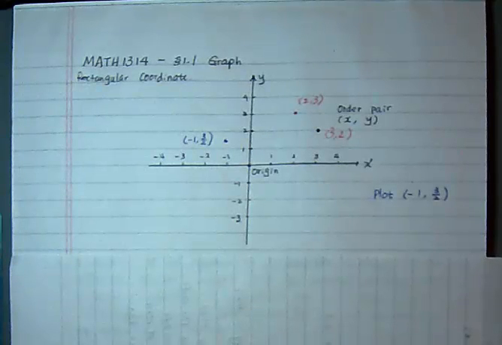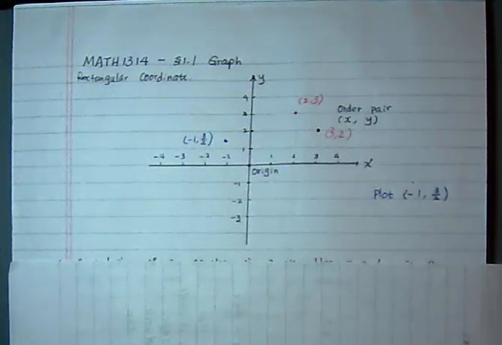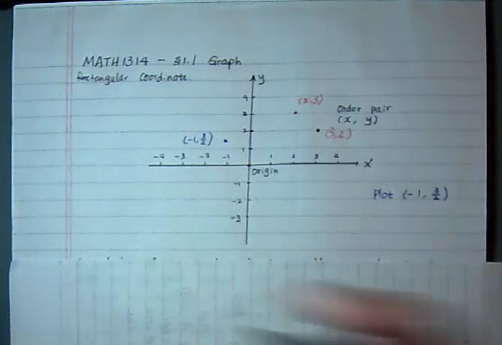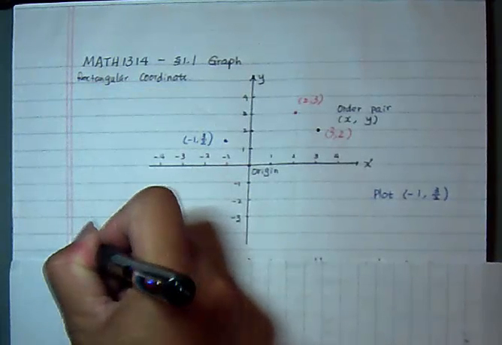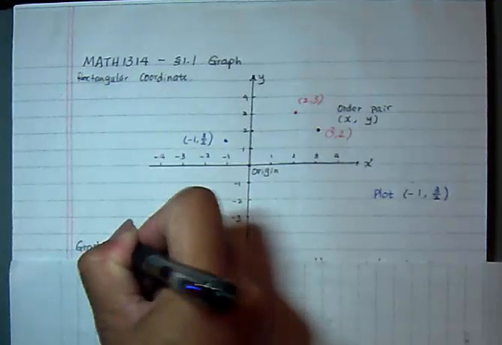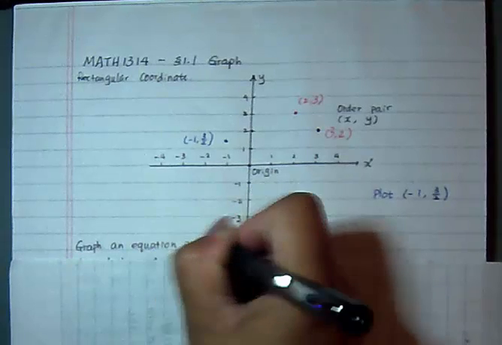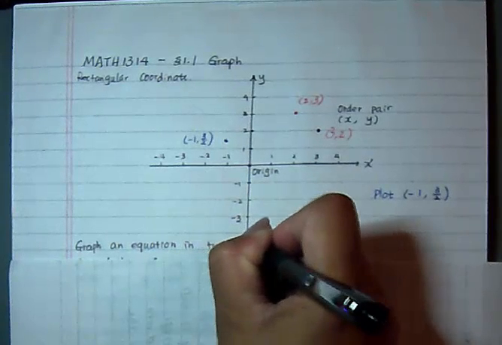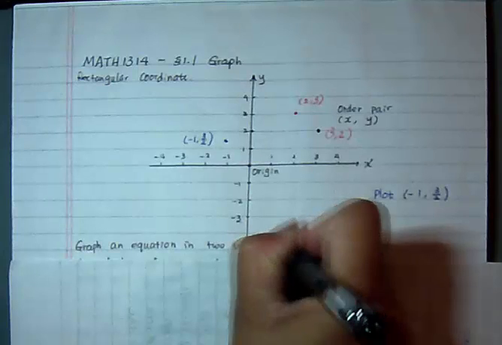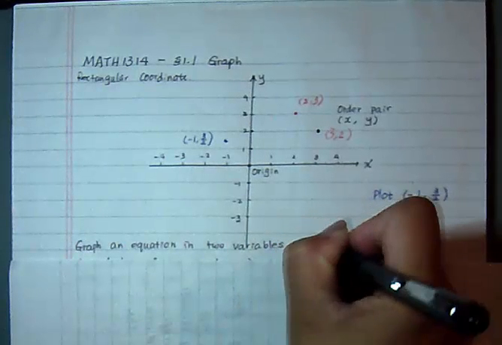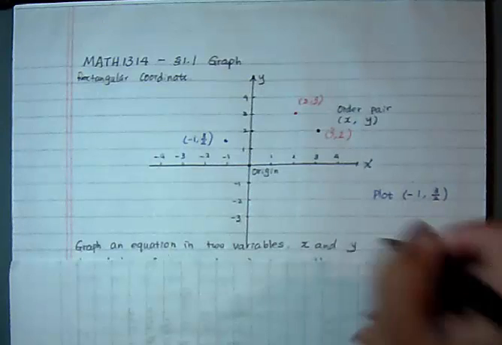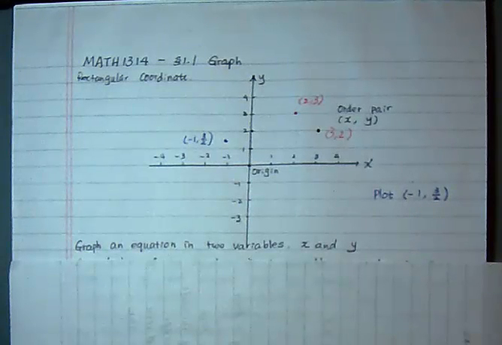But the next step is we are going to graph equations. So how can we graph an equation in two variables? In this case, I'm just going to use x and y because on the axes we label x and y.